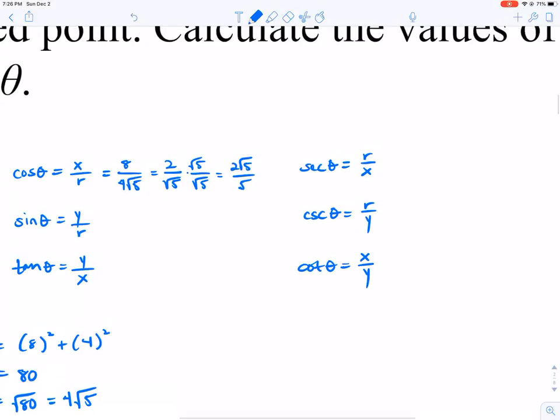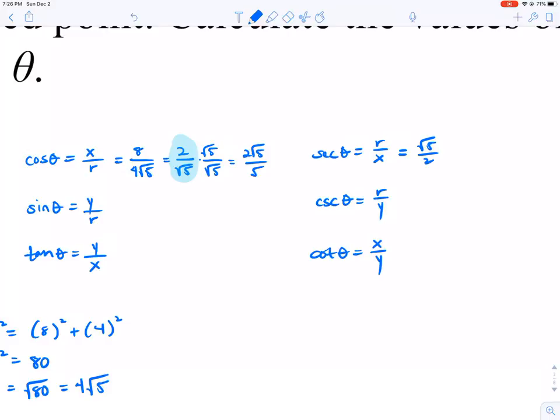So cosine of theta is equal to 2 root 5 over 5. To determine its reciprocal, I'm going to go back to cosine of theta is equal to 2 over root 5. So the reciprocal would be root 5 over 2. Which if you did 4 root 5 over 8, which is just r over x, we could see that would also simplify to root 5 over 2.